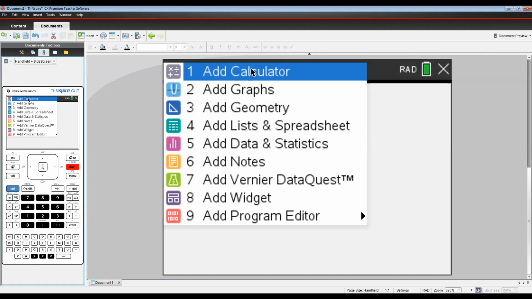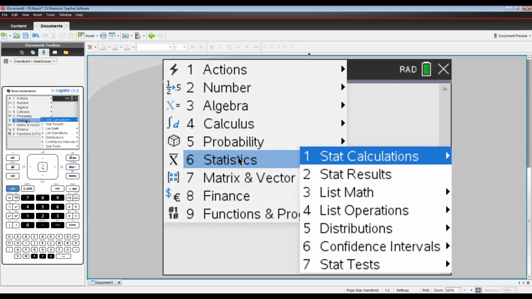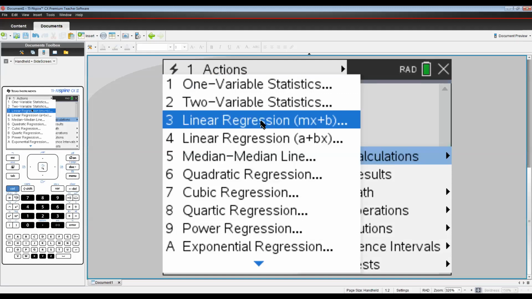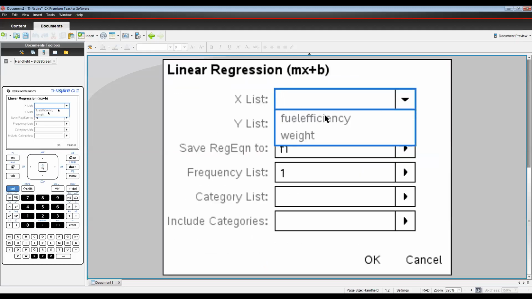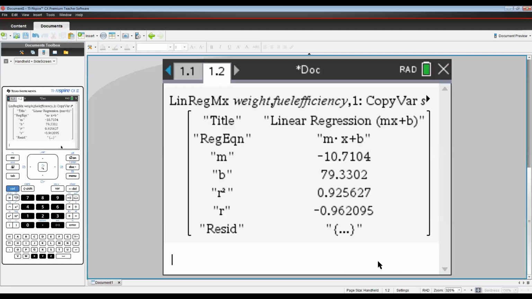I'm going to do it just looking at the equation first. So we add a calculator page, we go to Menu, Statistics, Stat Calculations, Linear Regression. The X, the independent variable, is the weight, and the fuel efficiency will depend on the weight.